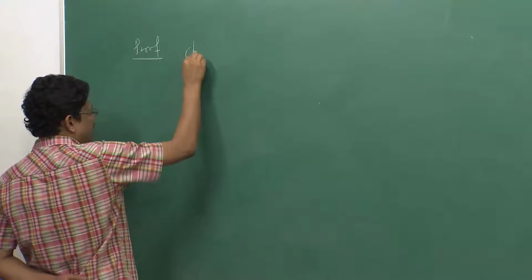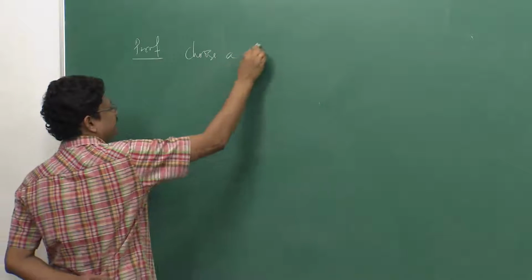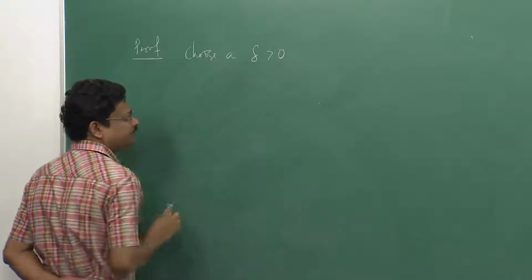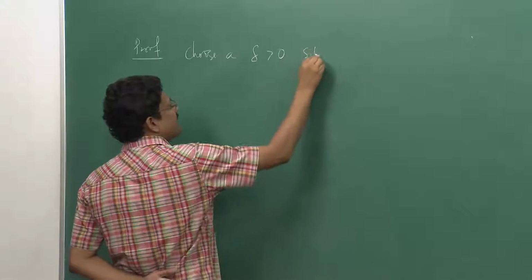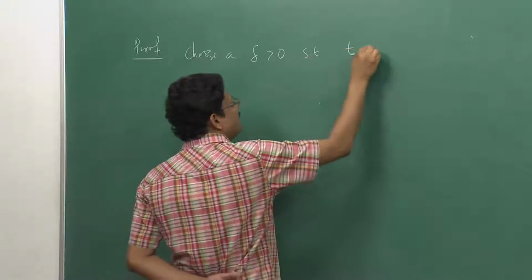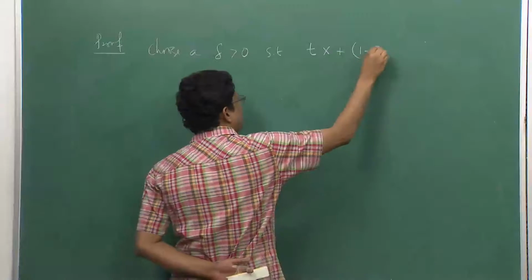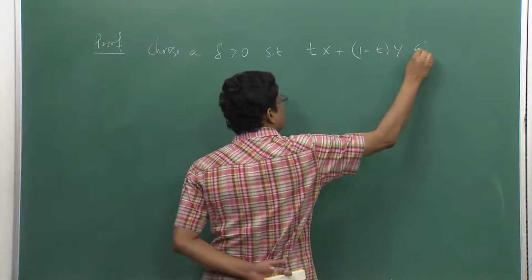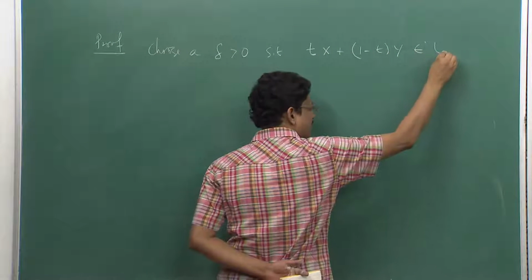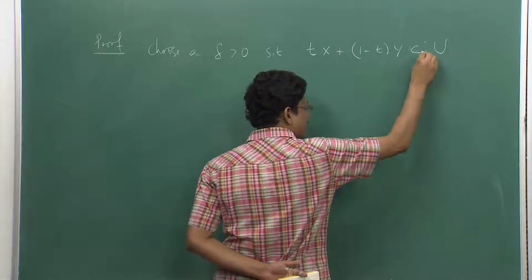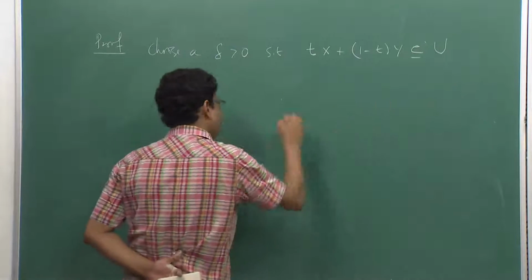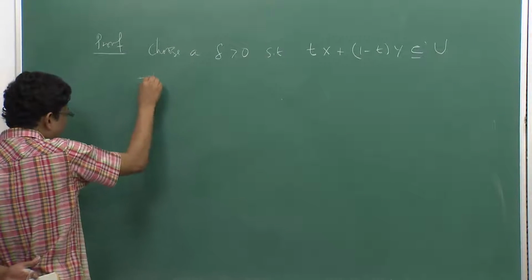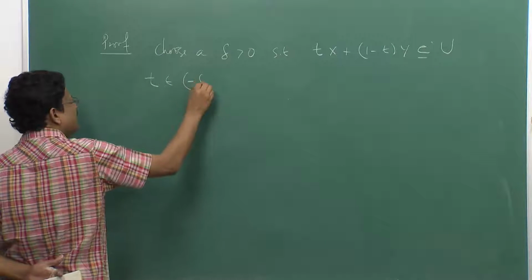So, choose a delta greater than 0 such that T x plus 1 minus T y belongs to u. So, this line is a subset of u, but this is already my assumption, but here I have chosen this line a little bit extended.